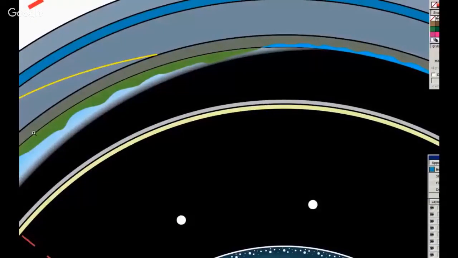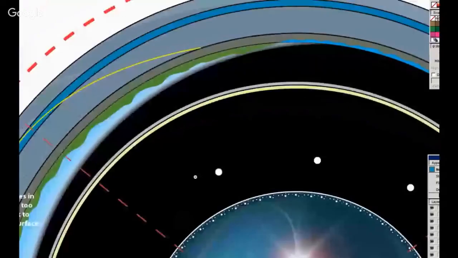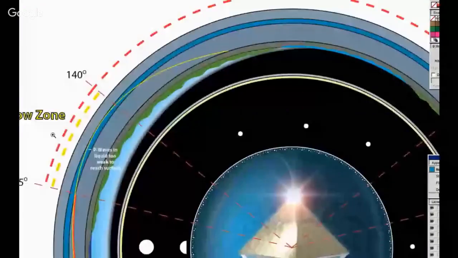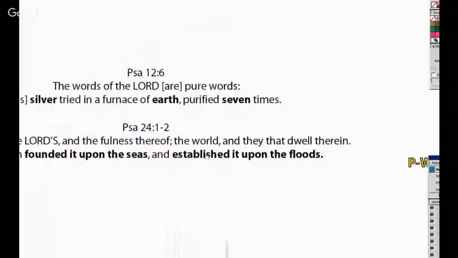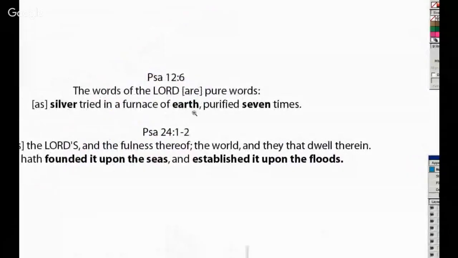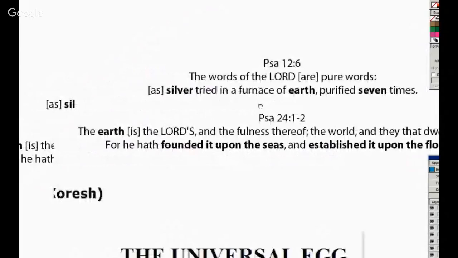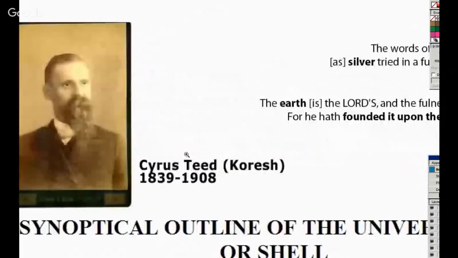So that is actually a biblical model as well, because if we look at Psalm 12, the words of the Lord are pure words, as silver tried in a furnace of earth, purified seven times. Silver and earth and seven times. It's very interesting because Cyrus Teed, a lot of people think he's a whack job, but actually he was a very intelligent man.